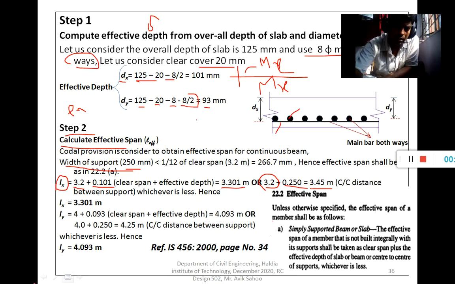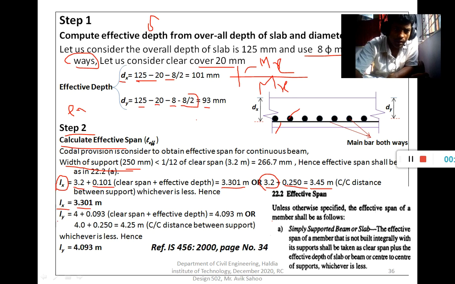So as per the code, the least value has to be considered. So Lx is the least of the two values, 3.301.